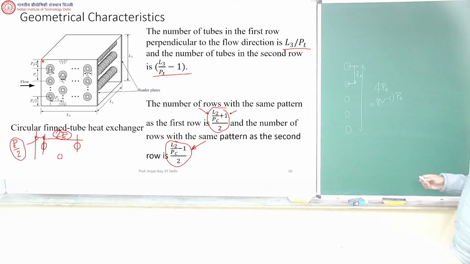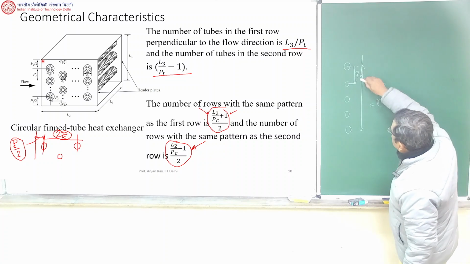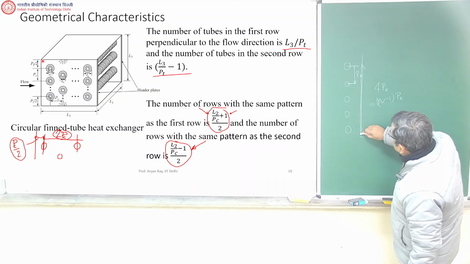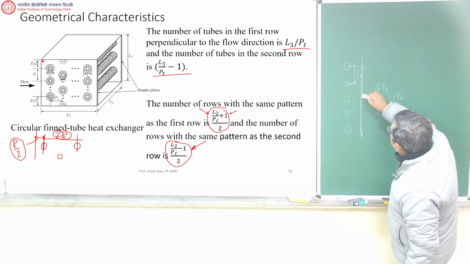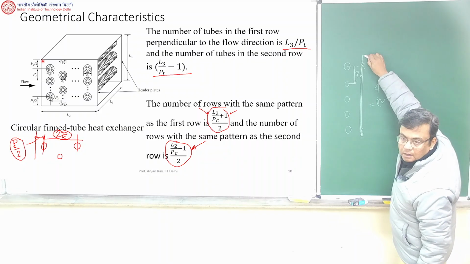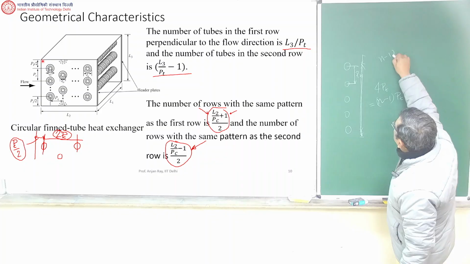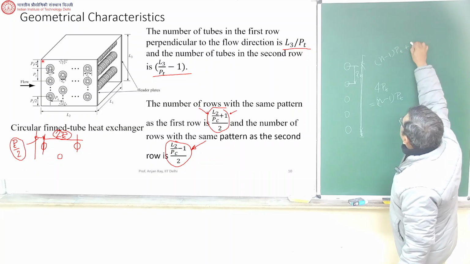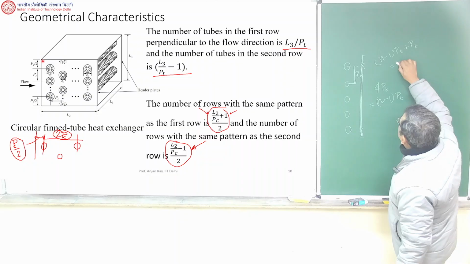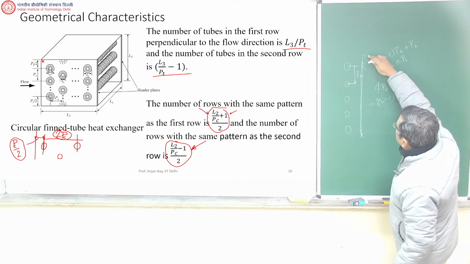So total, including this much here, little thing here and little thing here, is n minus 1 PT plus PT. So this is n times PT. This is the total length, right?